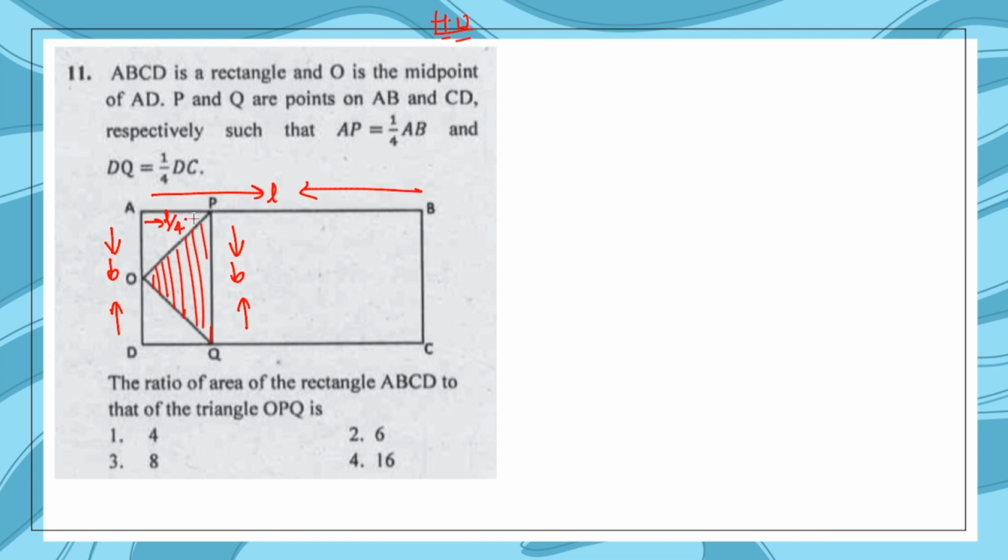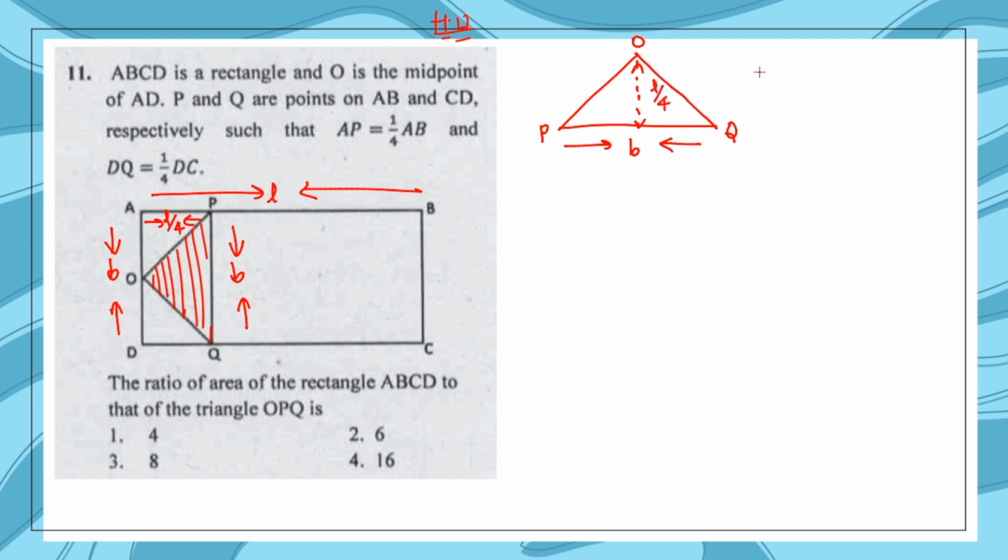If I draw this triangle separately, in this triangle, this is O, this is P, this is Q. So PQ is of B units.